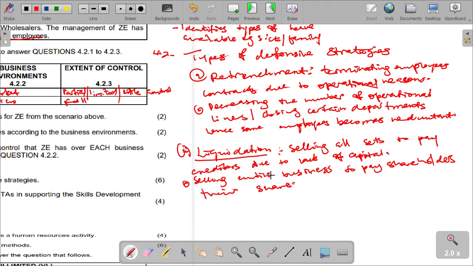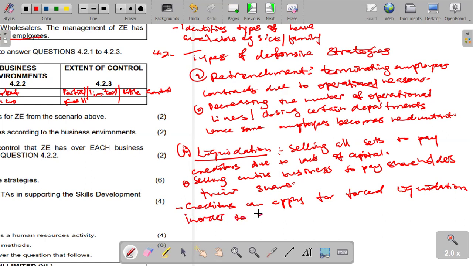It can also be done by allowing creditors to apply for forced liquidation in order to have their claims settled.